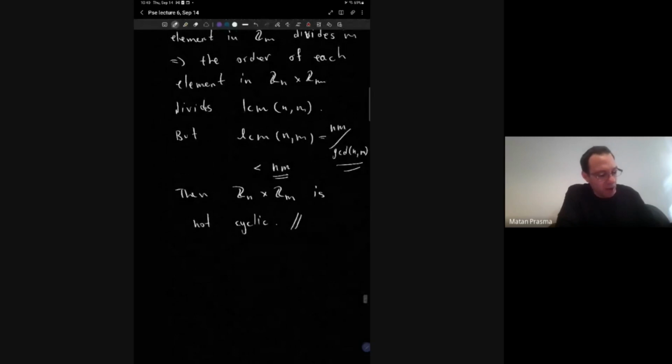All right. So now maybe a famous corollary. This is called the Chinese Remainder Theorem, at least in a simple version.